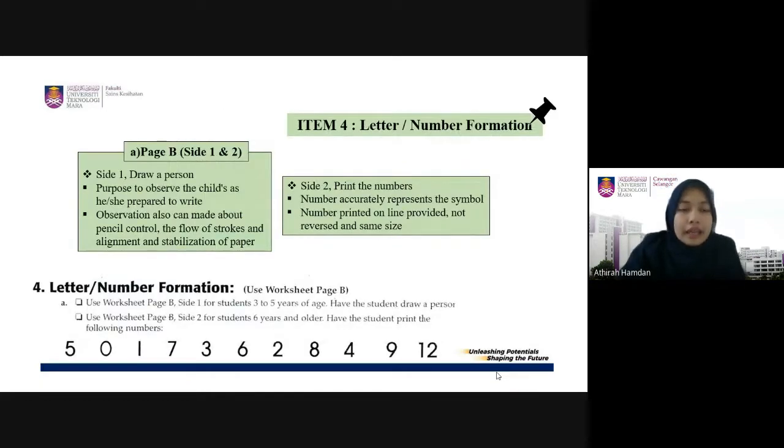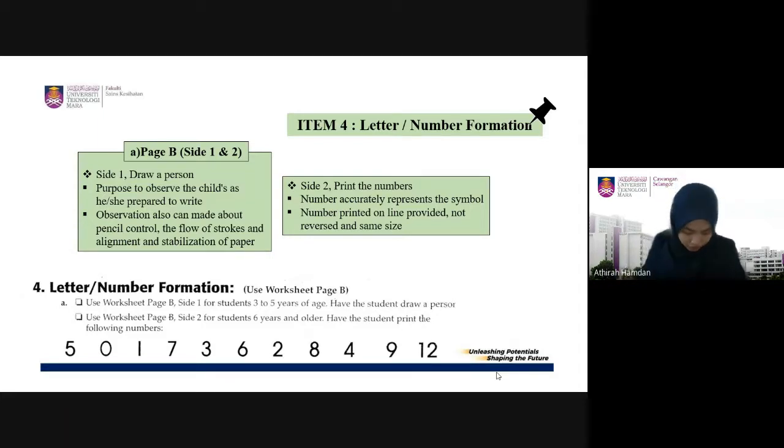Alright. In the item 4, we can see in page B, side 1 and 2, for task side 1, children 3 to 5 years old need to draw a passage. The purpose is to observe the child as he or she prepared to write and also observe about pencil control, the flow of stroke, and alignment and stabilization of paper.